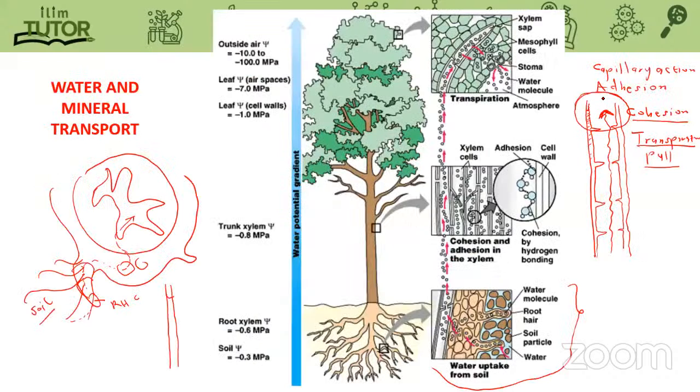And because there is a continuous loss of water at the top of the xylem within the stem, it means that the pressure of water here becomes lower than the pressure of water at the bottom. So this causes water to be pushed up in this direction.